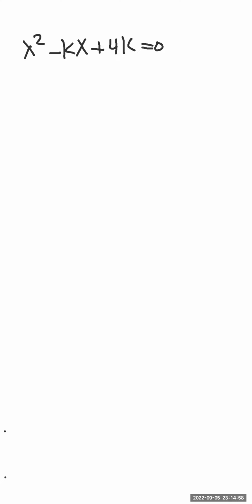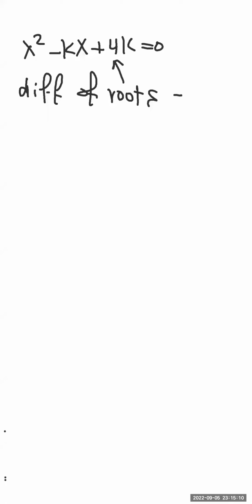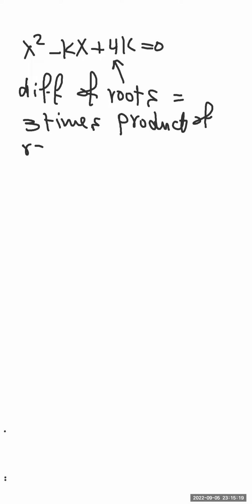Here the question said that the difference of roots for this equation equals 3 times the product of roots of this equation: x squared minus 3x minus k equals 0.